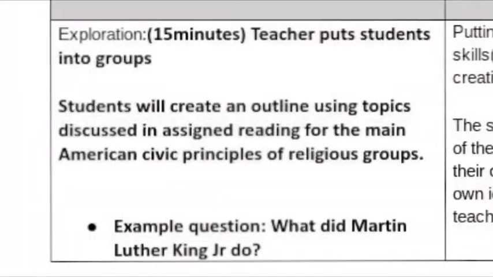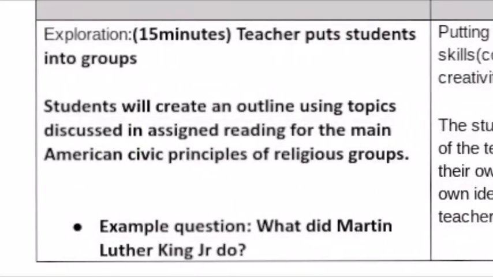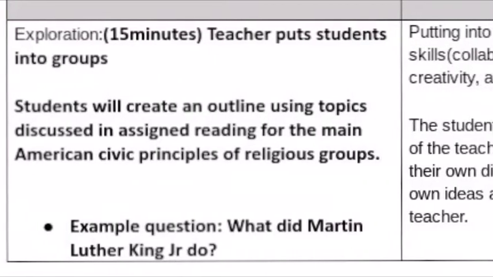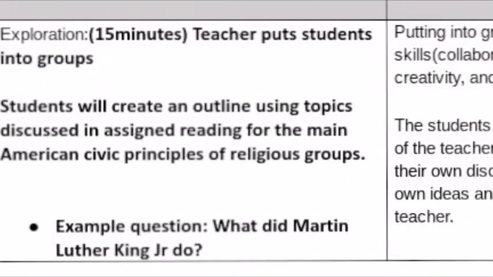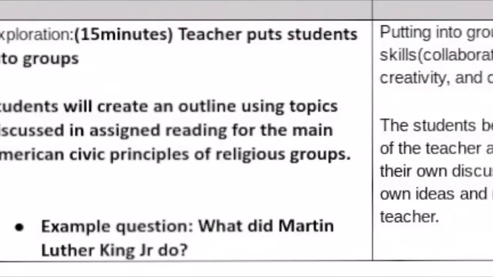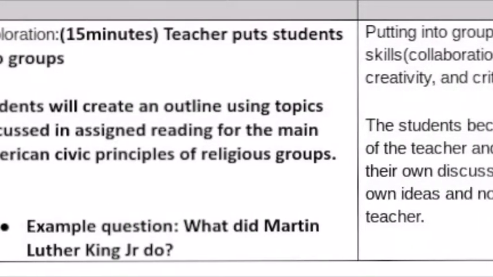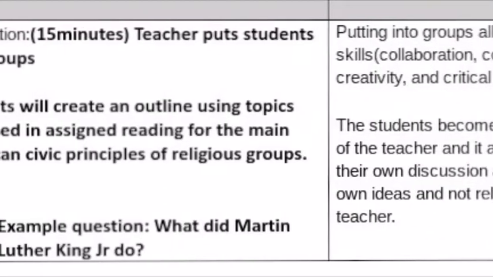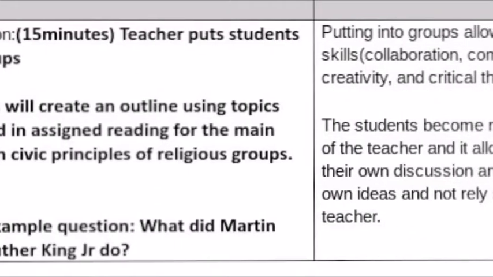For exploration, it's going to take around 15 minutes as well, and this is where teachers put students into groups. The students will create an outline using topics discussed in the assigned reading for the main American civic principles of a religious group. An example would be, what did Martin Luther King Jr. do?